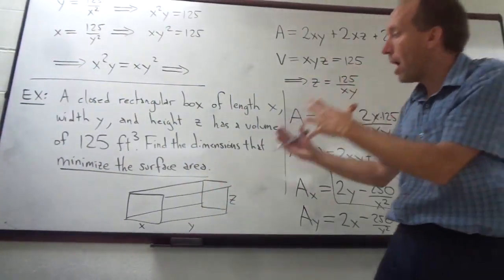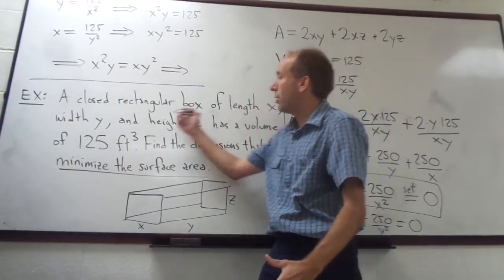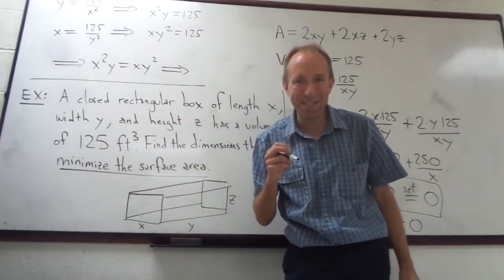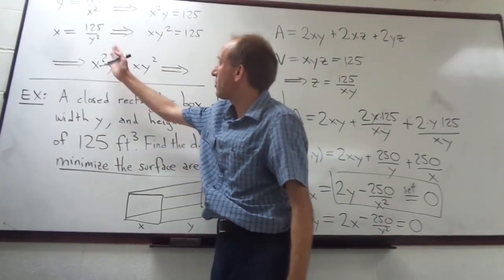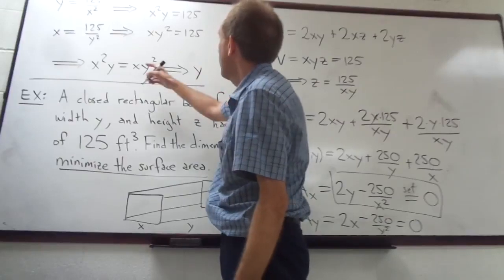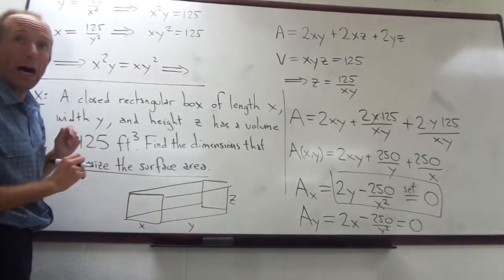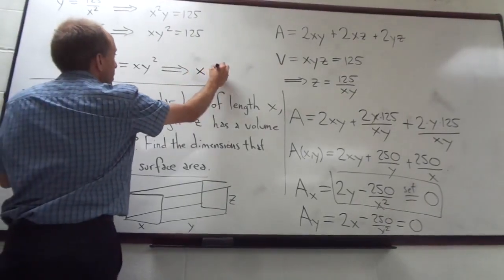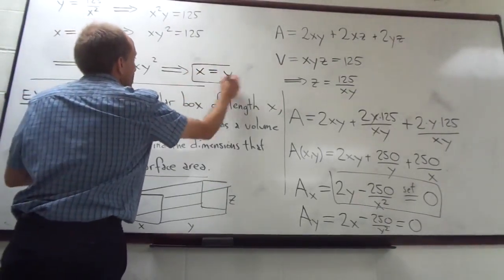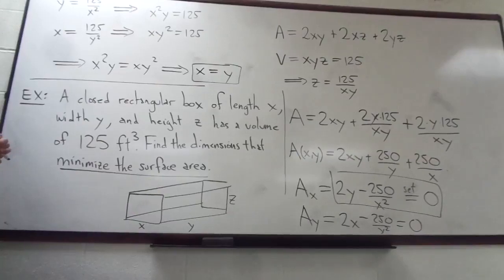We are making a box here, so these quantities x, y, and z are not going to be 0. So I can cancel some x's and y's, and if I cancel 1x and 1y from each side of this equation, I will get that x is equal to y.